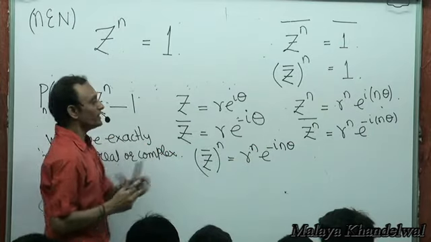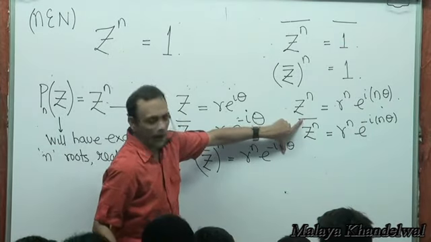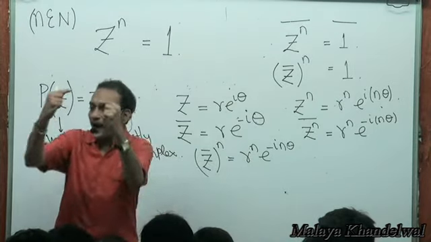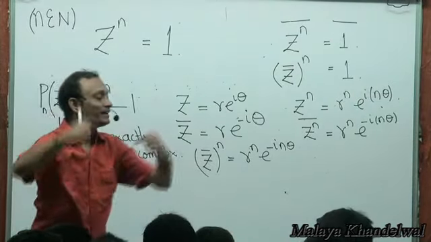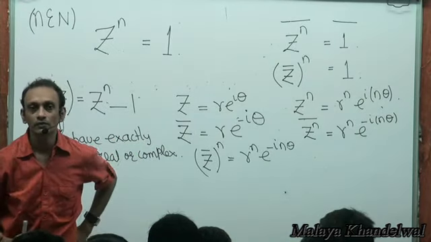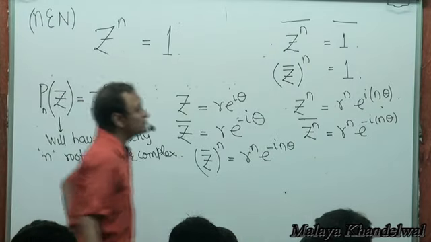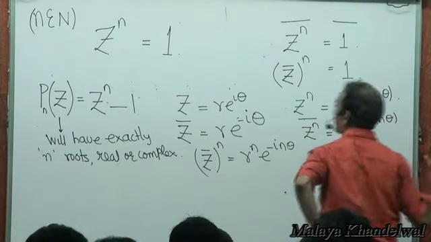Clear? So, very clearly, z to the power n, bar of that is the same as bar of z whole to the power n. So, bar and n are swappable, interchangeable. Clear?